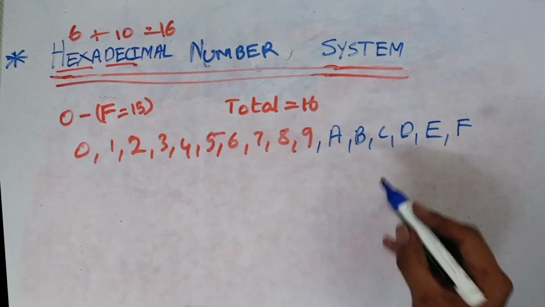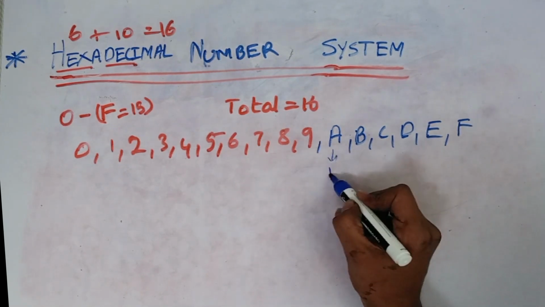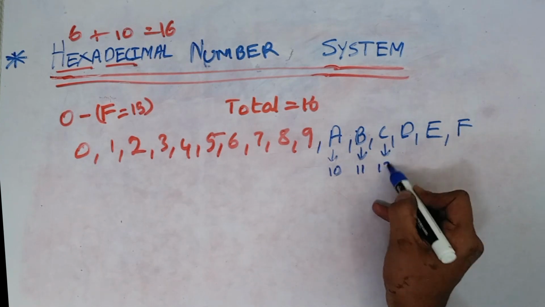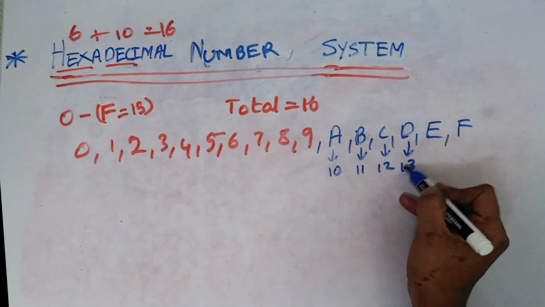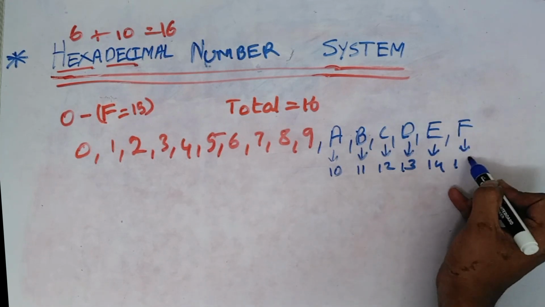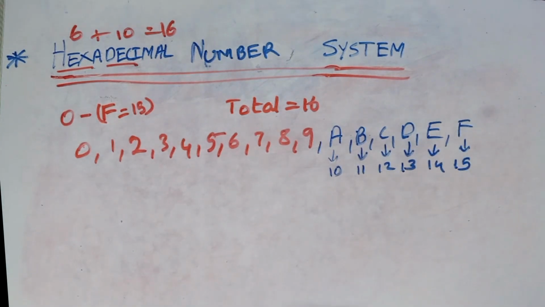Here A represents 10, B represents 11, C represents 12, D represents 13, E represents 14 and F represents 15. This is how the hexadecimal number system works.